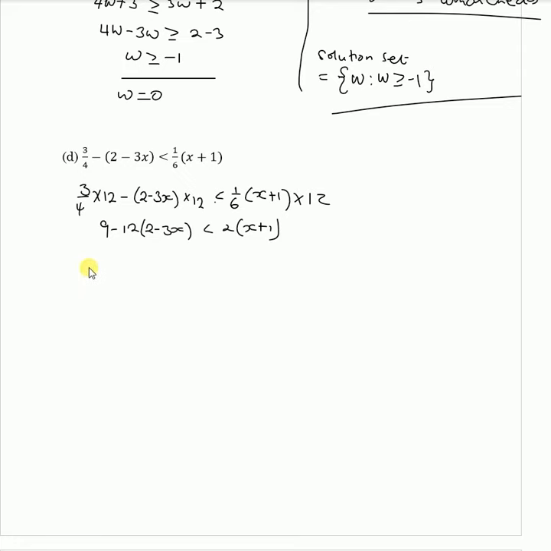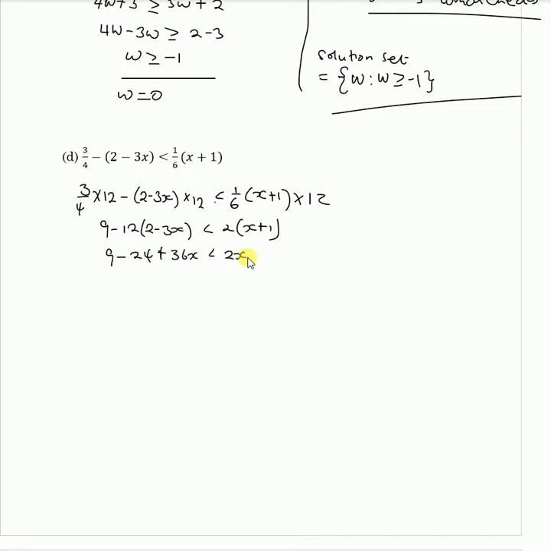I just need to open the brackets now. I have 9 minus -12 times 2, that is 24. Then -12, there is a negative and a negative. So this one is plus, that is plus 36x less than.